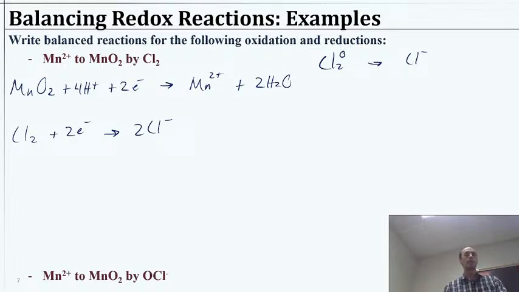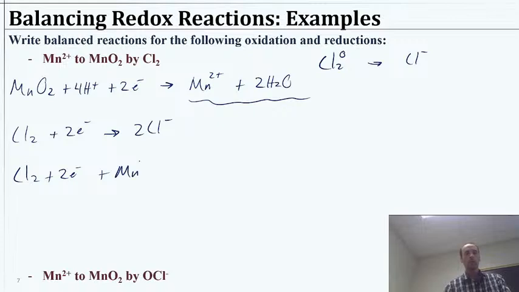So I'm going to keep this chlorine, Cl2, on the left and rewrite the other one to make it make sense, to have the Cl2 plus 2 electrons plus this stuff, because I have to flip that one, plus manganese 2 plus, and a couple waters.